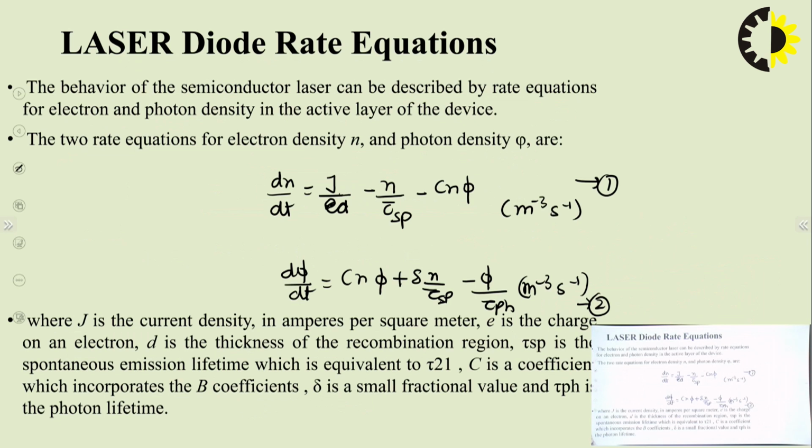Clear? So now next is the laser diode rate equations. From the laser diode rate equations we can also find the threshold current density.